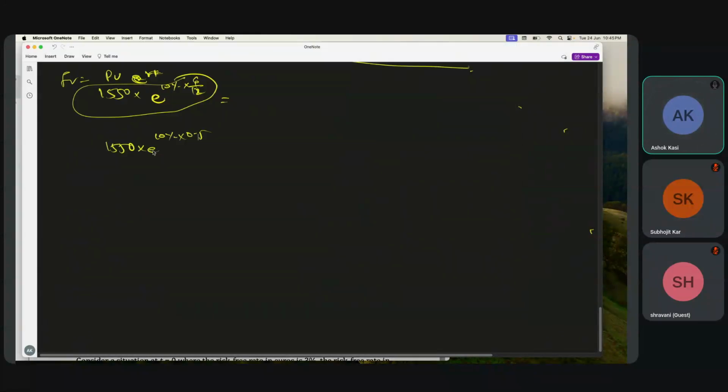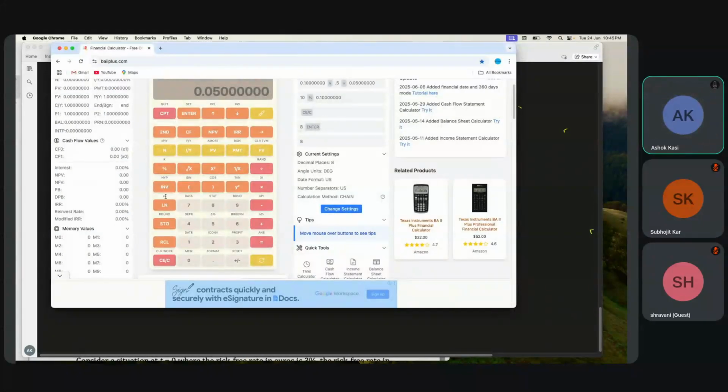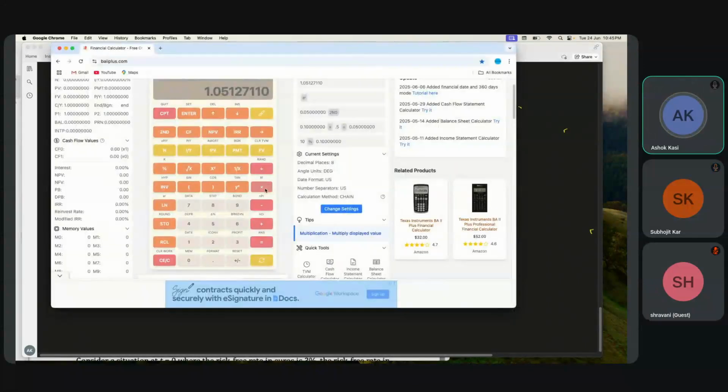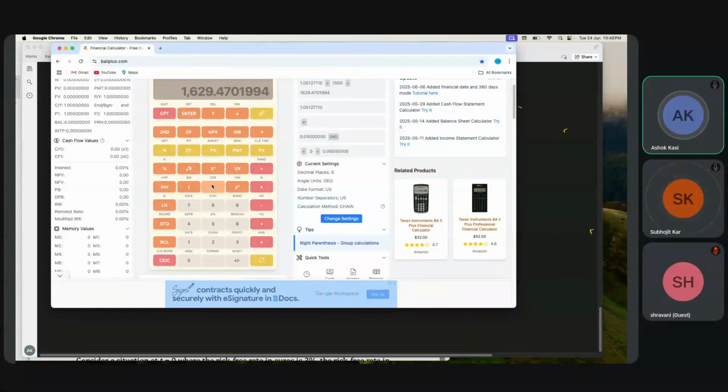Now e is over here, above ln, so I'll do second and ln to activate the upper function. That means 1 will reach 1.051. So multiplied by, how much will 1550 reach to? It will be 1629.47.